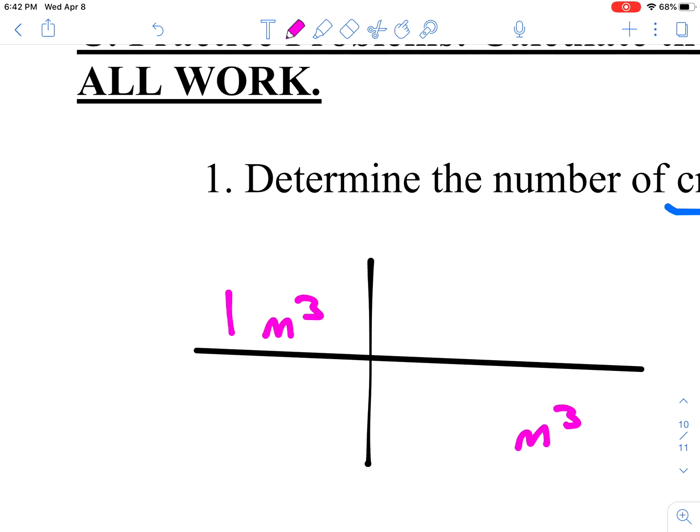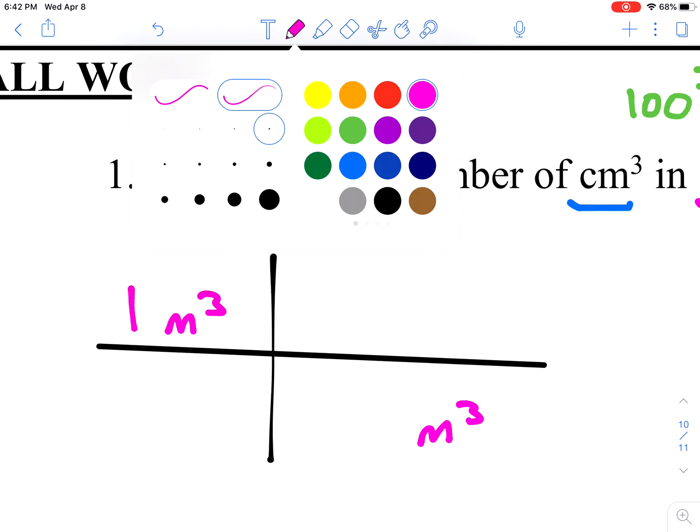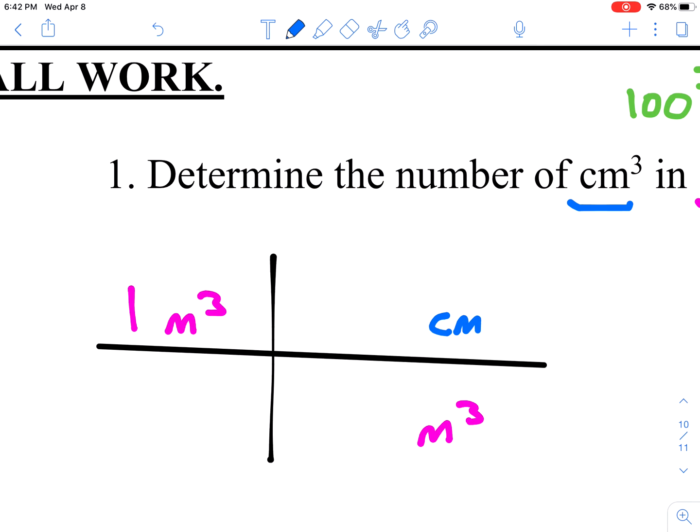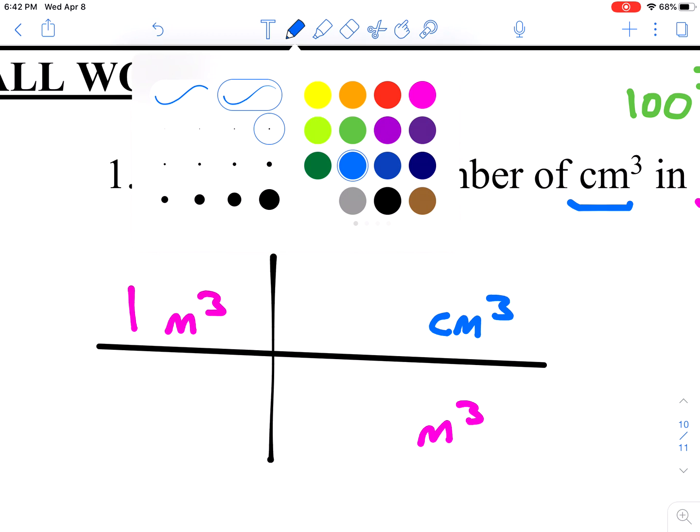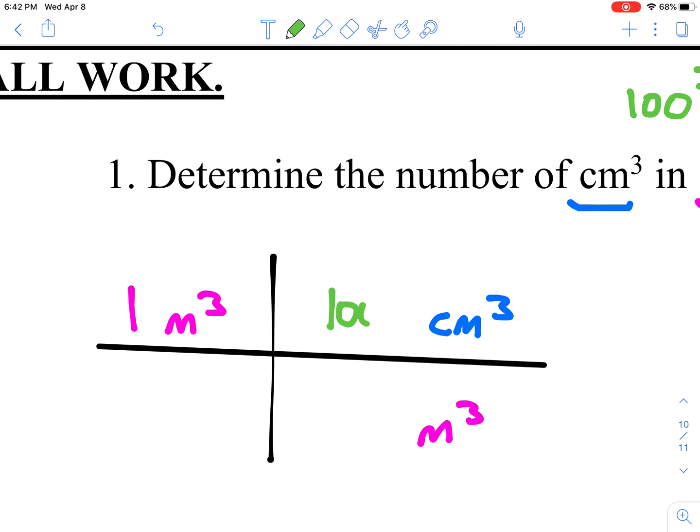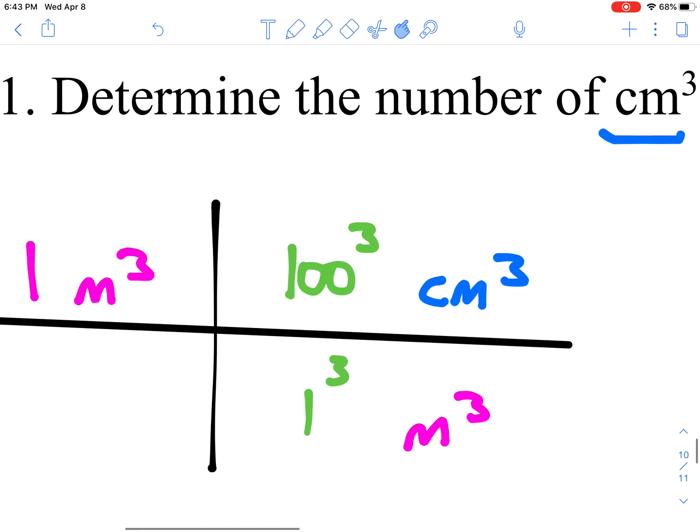And our goal here is to get to cubic centimeters. And we know that our conversion is that there are 100 centimeters for every 1 meter. But we obviously have these cube things here, so if we cube the unit, we must cube the number, and you can actually write the cube number just like that in your equation. If you want to do the math and realize that 100 cubed is 1,000,000 and write in 1,000,000, feel free. But if you want to leave the cubed value like so, feel free to do that as well.